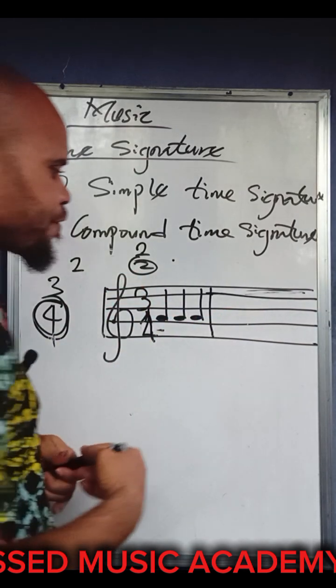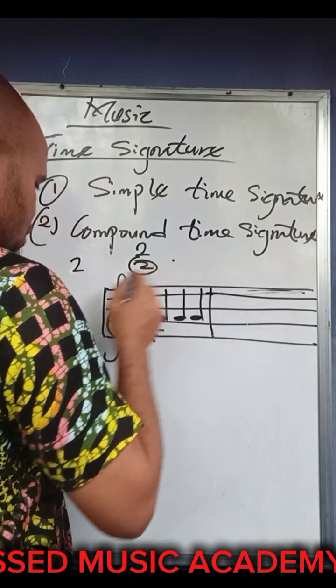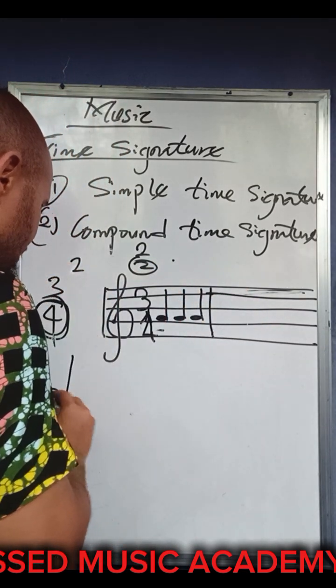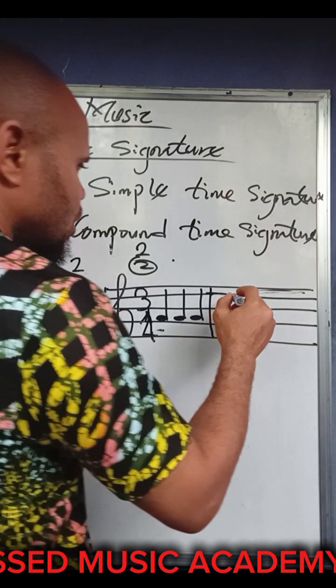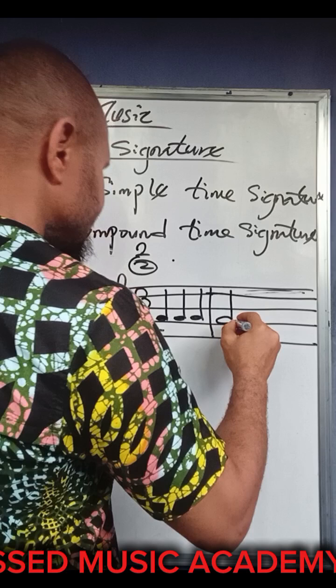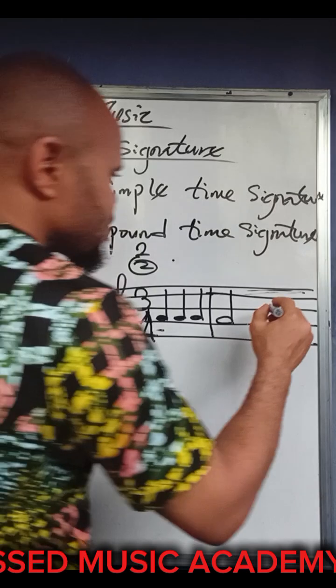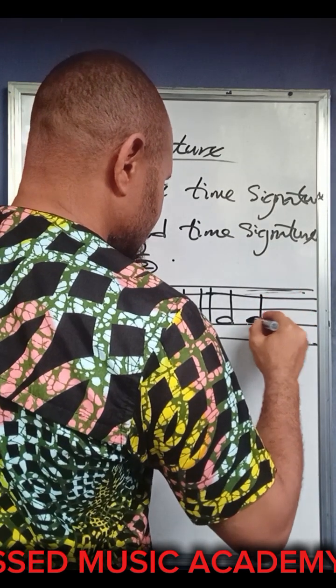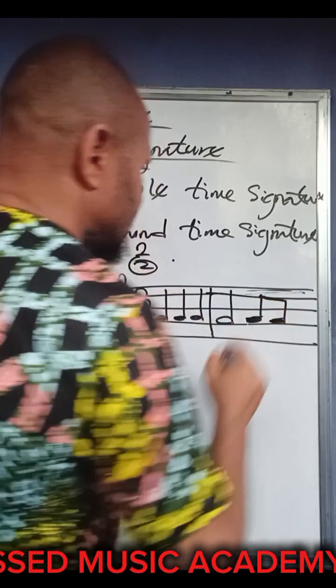Then this bar now, if I don't want to use crochet, if I want to use quaver, it will become half. Okay, so I want to use a minim, which is 2 beats. So what I'm looking for now is another 1 beat.